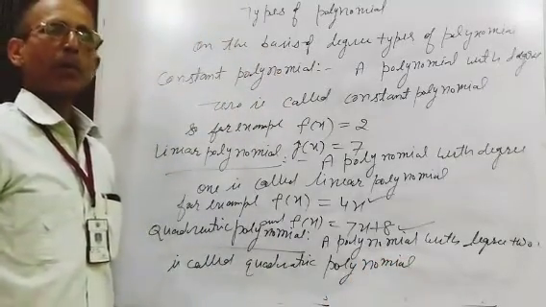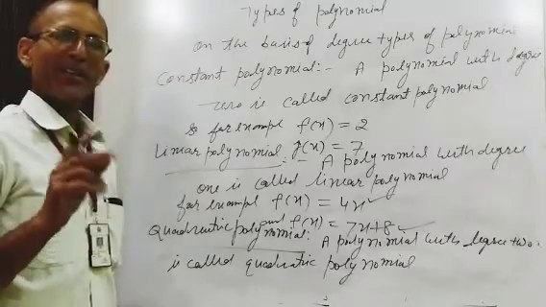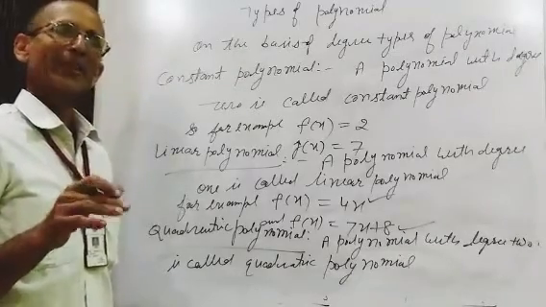A quadratic polynomial may be a monomial, binomial, or trinomial.